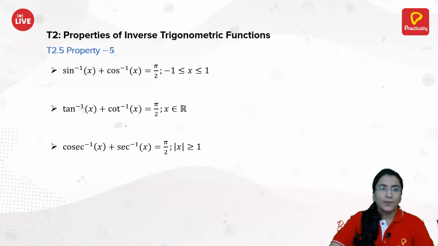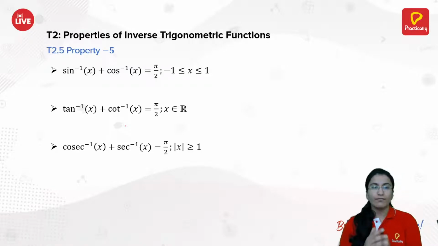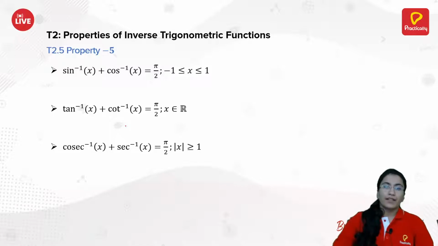Here are a few more properties. Property 5 we have as sine inverse x plus cos inverse x equals pi by 2, again tan inverse x plus cot inverse x equals pi by 2, and cosecant inverse x plus secant inverse x equals pi by 2. How can you remember this?